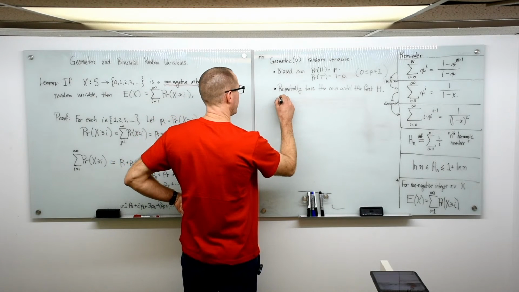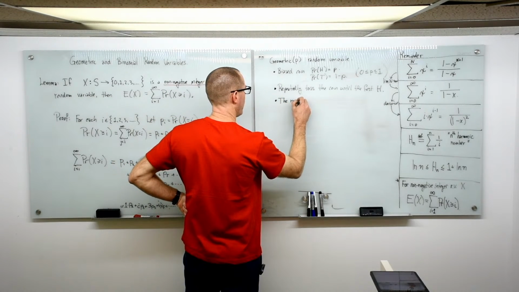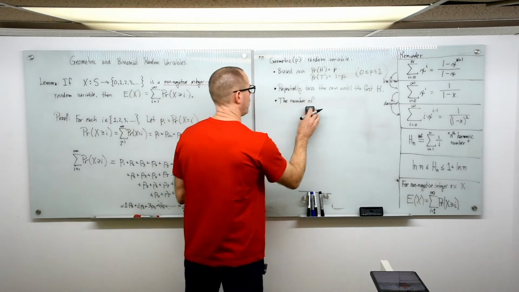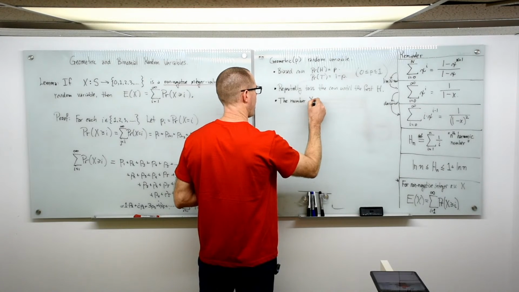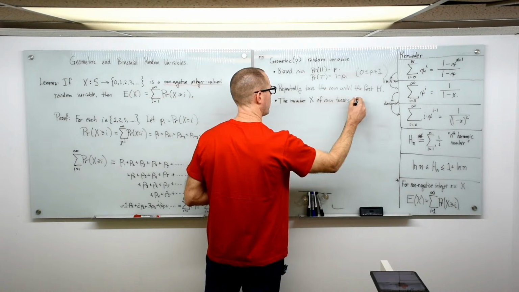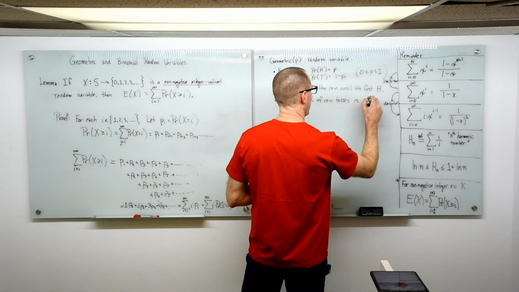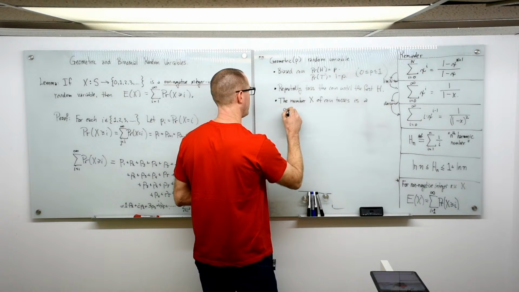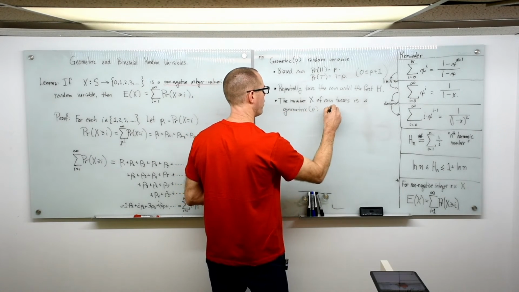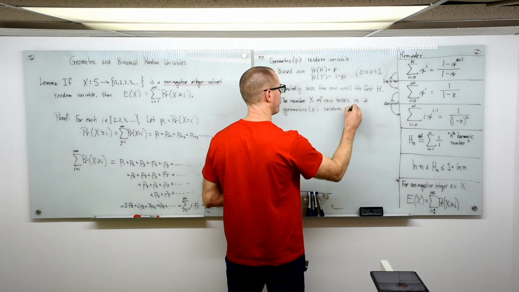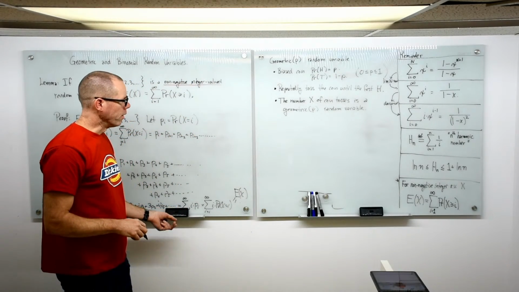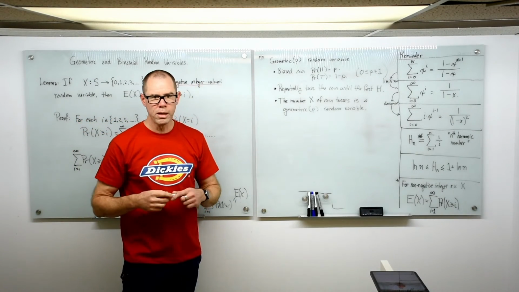Then the number x of coin tosses is what's called a geometric p random variable. And in a stats course, you would say that x has a geometric p distribution.